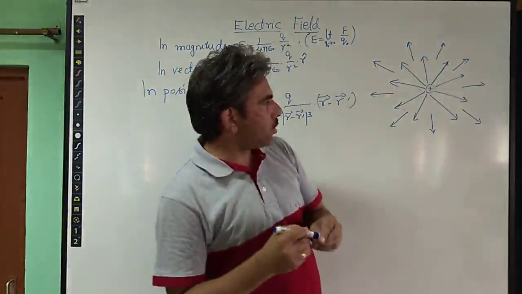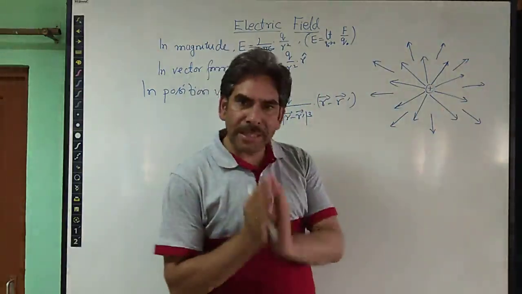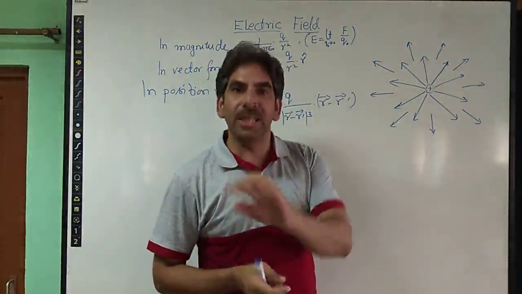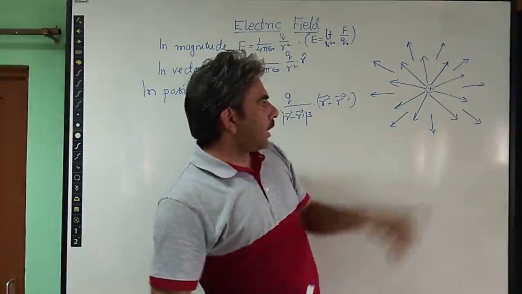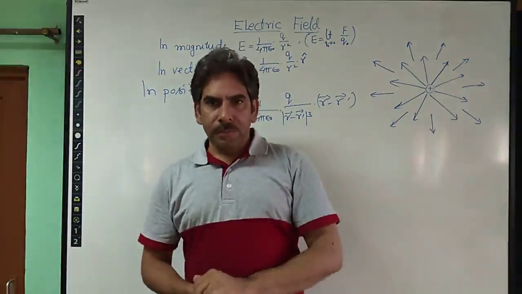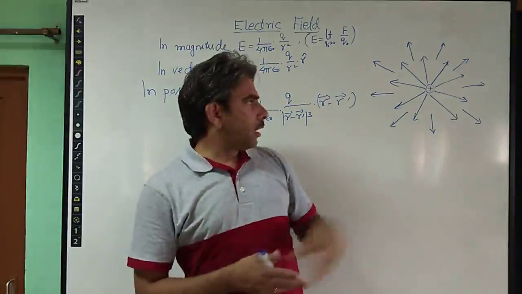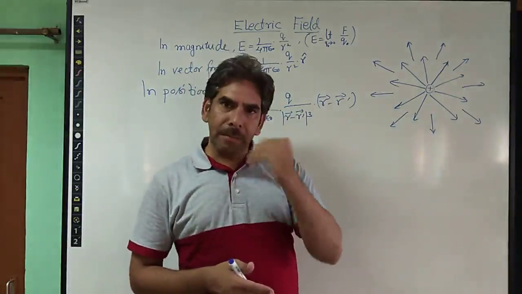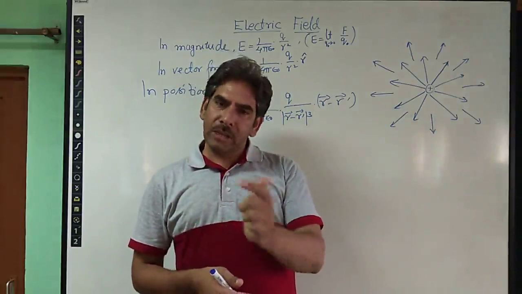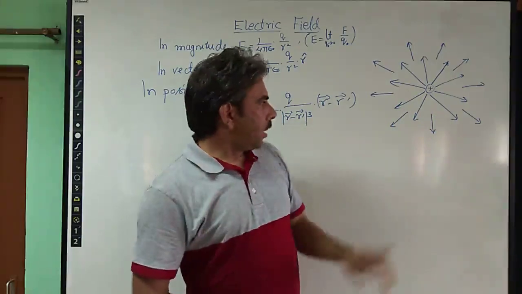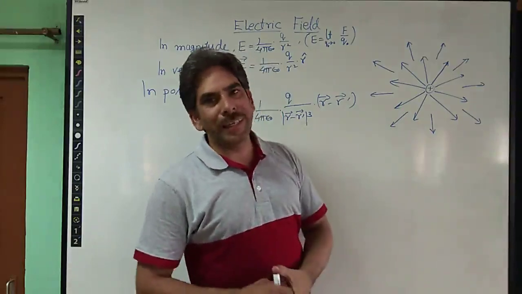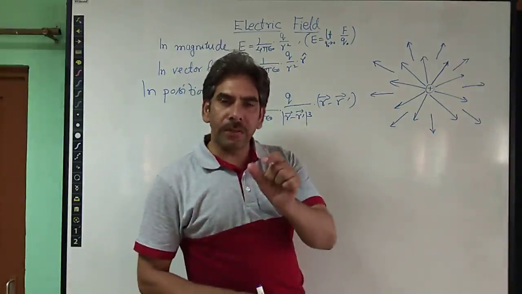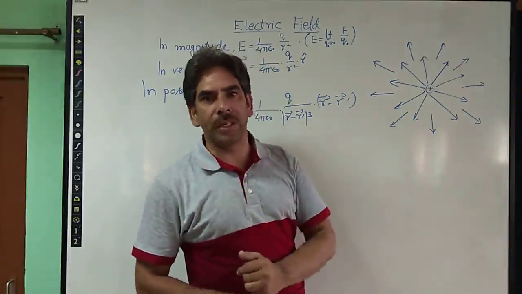Arrows of different lengths are used to represent the electric field due to any point charge in the spherically symmetric space. The length of the arrow represents the magnitude of the electrostatic force as well as the electric field, and the direction in which the arrows point represents the direction of the electrostatic force and electric field.